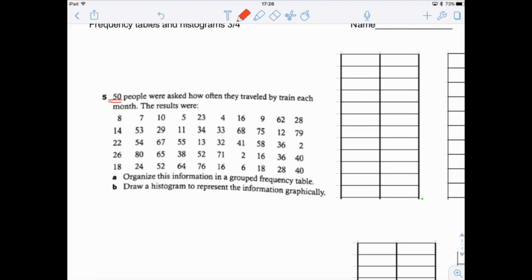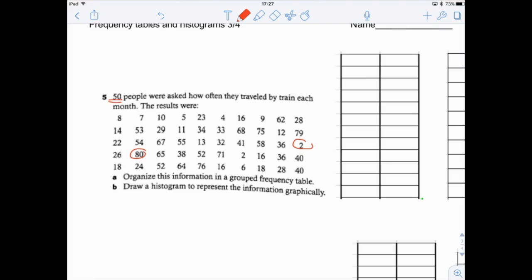How do we figure out a good size for the group? Well, let's see. What if we found the smallest value, for example, I think 2 might be the smallest value, and find the largest value, which may be 80? Do you see any that are bigger than 80? Looks like 80 might be the biggest.